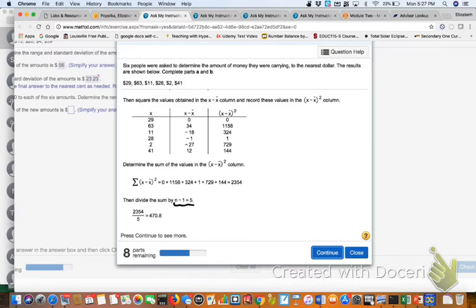That's what they mean by n minus 1. So if you take that 2354, which again we got from adding up all the numbers in this column, now we're going to divide it by 5, as you can see they've done for you here. So that is where they get 470.8. So I will hit continue again.